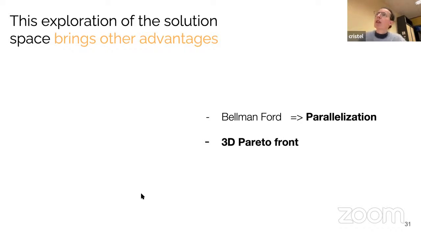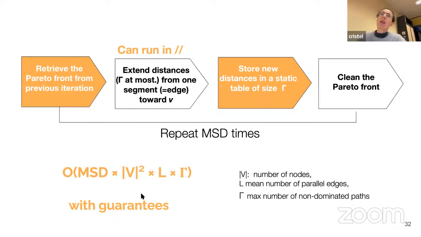And then we found a way to deal with a 3D Pareto front in a much more lightweight fashion. So how does this work? In this flow, first we retrieve the Pareto front of the previous iteration.